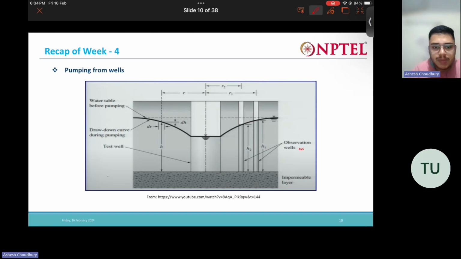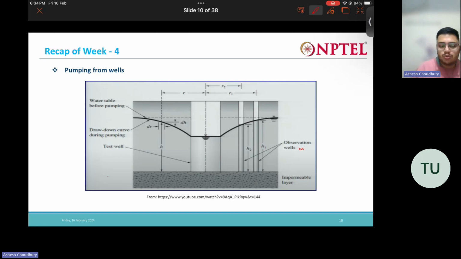So a main well, known as the test well, is constructed, and at some known distances from the center of it, some observation wells are constructed. Now we start pumping out water from this test well.